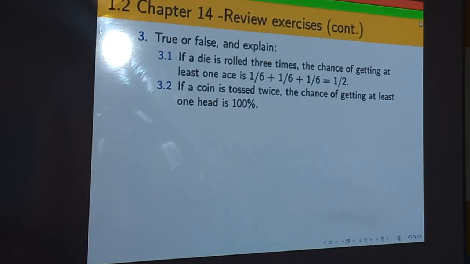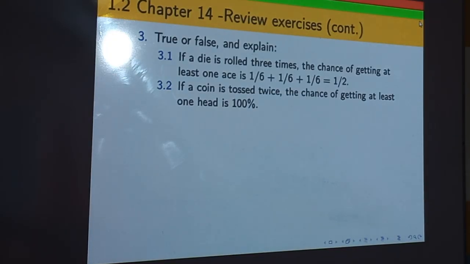The easy way is to find 1 minus none of them is an ace. The first one is not an ace, second one is not an ace, third one is not an ace. 1 minus that will be equal to this probability. So what is the probability that the first one is not an ace? 5 over 6, to the power 3. So, 1 minus 5 over 6 to the power 3.